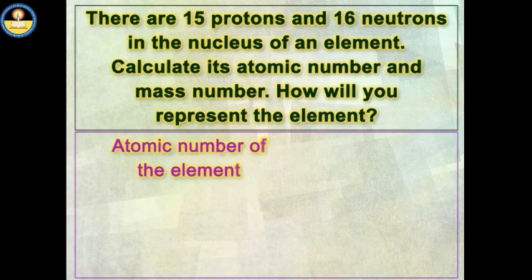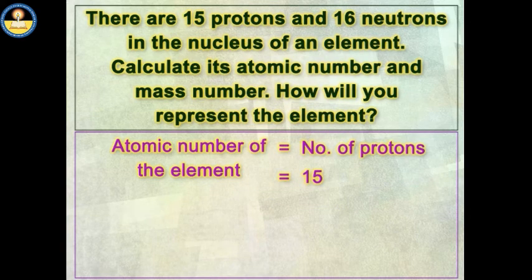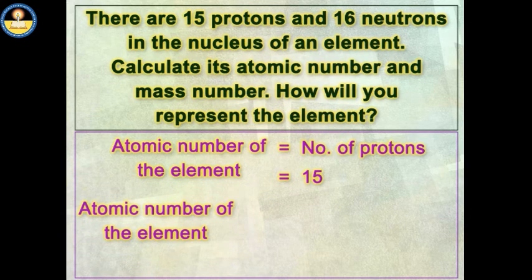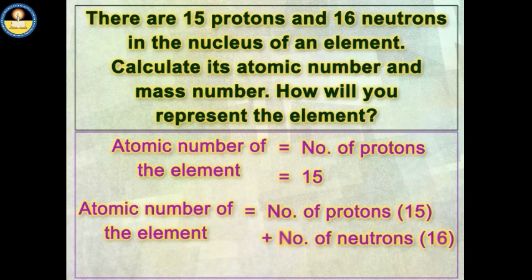Atomic number of the element is equal to the number of protons, which is equal to 15. Mass number of the element is equal to the number of protons plus the number of neutrons, which is equal to 15 plus 16, that is 31.